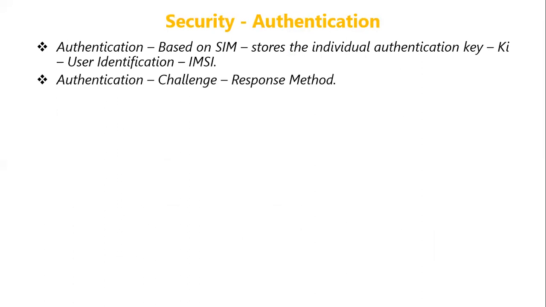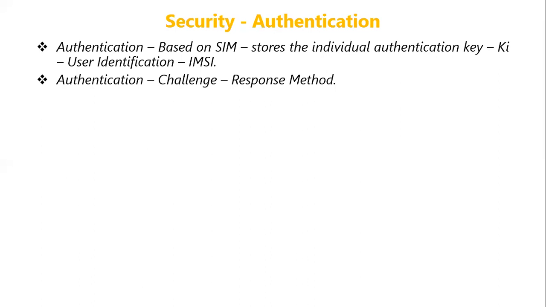Authentication is done based on the SIM. Before a subscriber can use any service from the GSM network, the subscriber must be authenticated, and this is done based on the SIM.